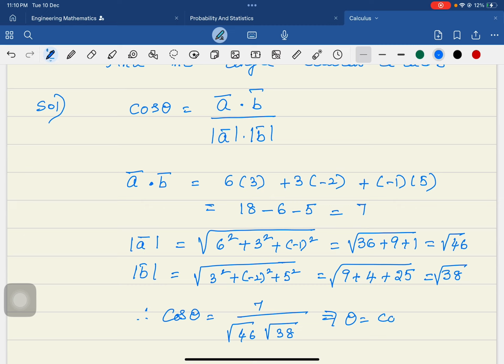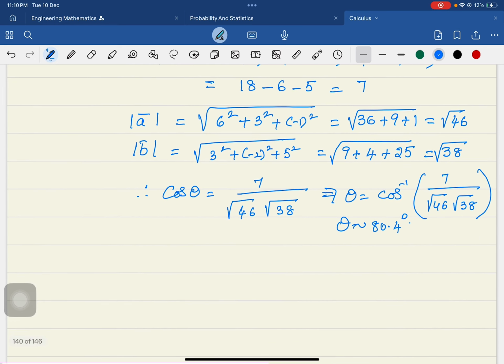It is cosine inverse of 7 over root 46 times root 38. You can use a calculator. The angle theta is approximately equal to 80.4 degrees. Okay, so this is how to find the angle between the two vectors.